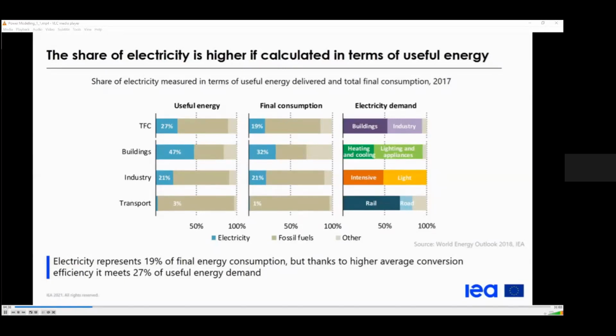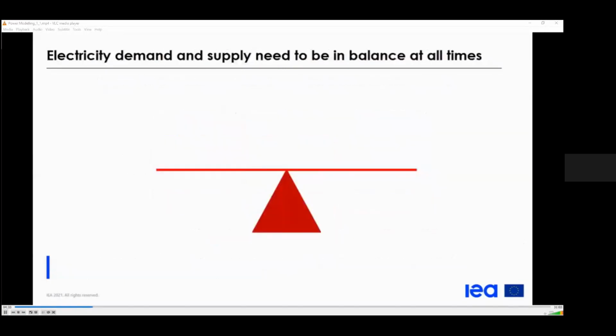Going forward, one very important characteristic to keep in mind when we are talking about electricity is that it cannot be stored in large quantities or for very long periods of time. We have some exceptions, thinking about large hydro storage facilities, for example.